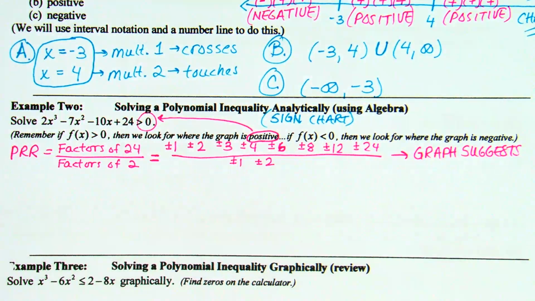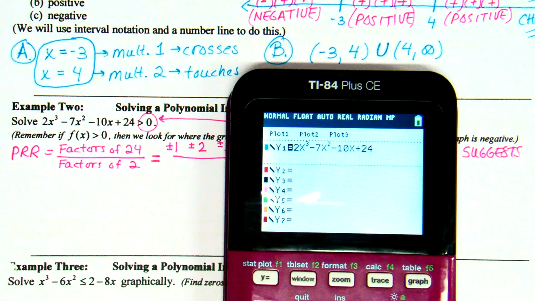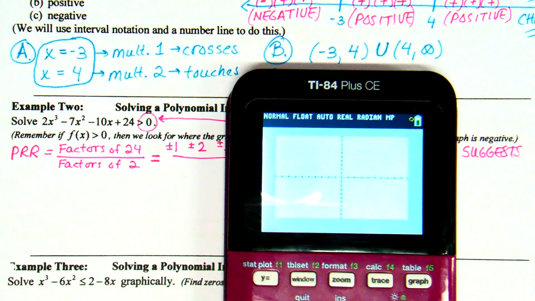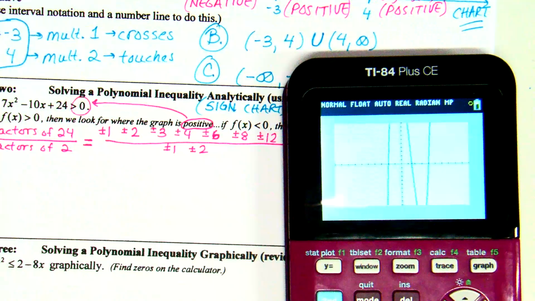So 2x to the third minus 7x squared minus 10x plus 24. Okay, I'm going to do Zoom 6. And here's the idea. There's a whole bunch of PRRs listed there, yes? So do some of those match up?